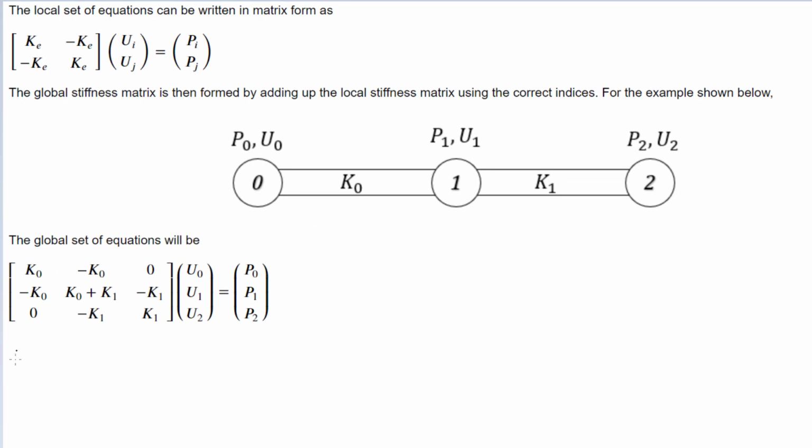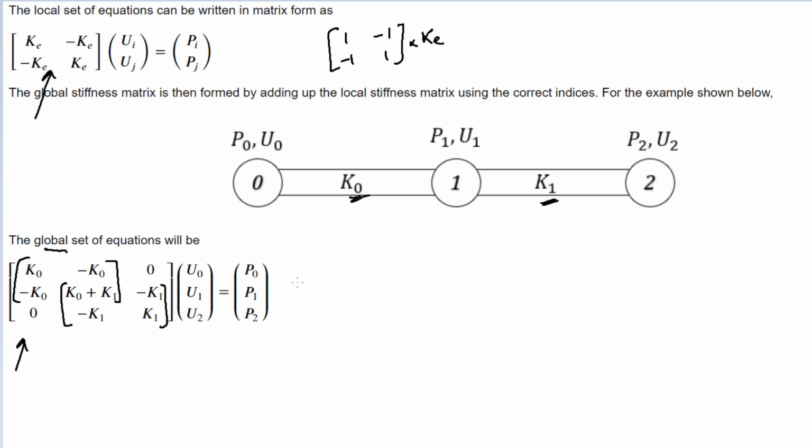This matrix is actually built up of smaller 2 by 2 matrices, you can see here. Each individual matrix is specified as this: 1, -1, -1, and 1 multiplied with some element stiffness for each element. And then they go to a specific position in this global set of equations.